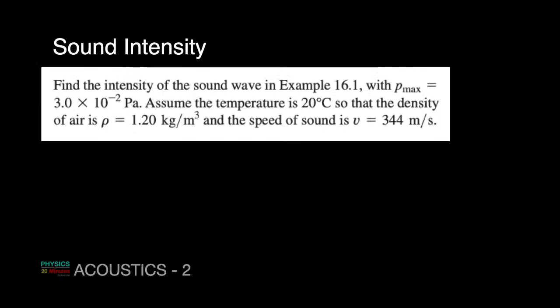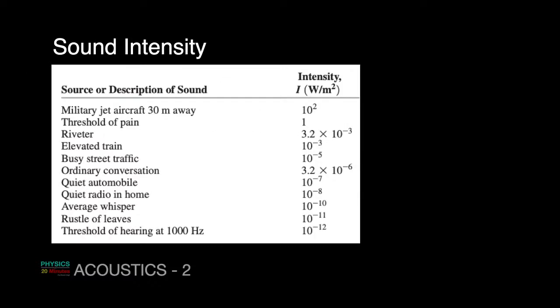But this is, yeah. Sound intensity varies. Sound intensity of different day-to-day objects, day-to-day phenomena can vary from a very low value to a very high value. Now, how low is really low? So in terms of watt per meter square, the threshold of hearing at 1000 hertz is 10 power minus 12.